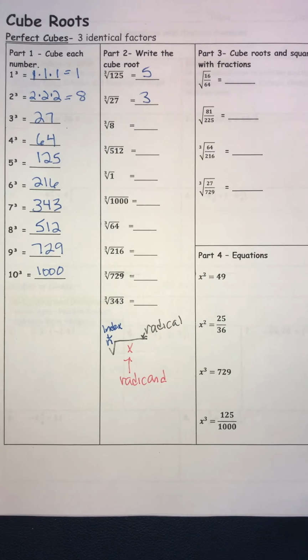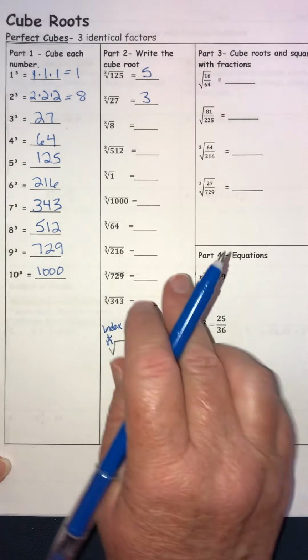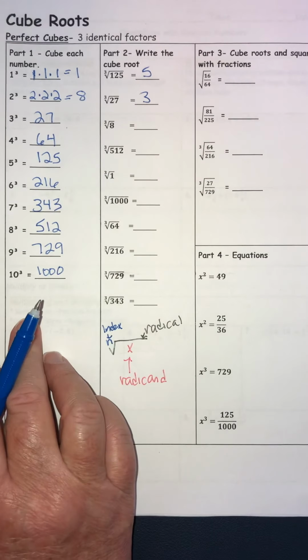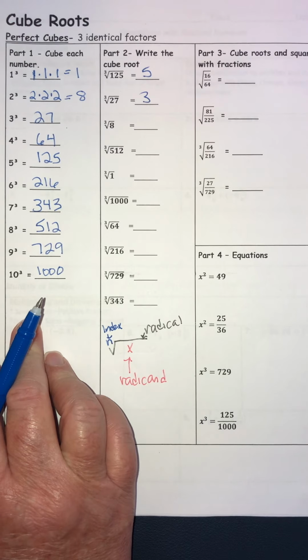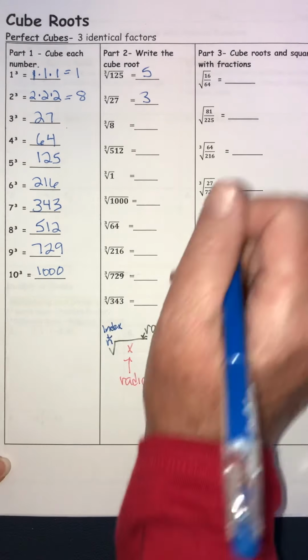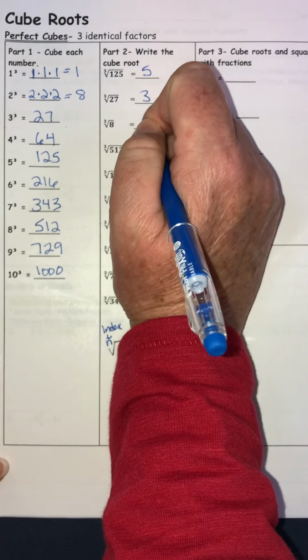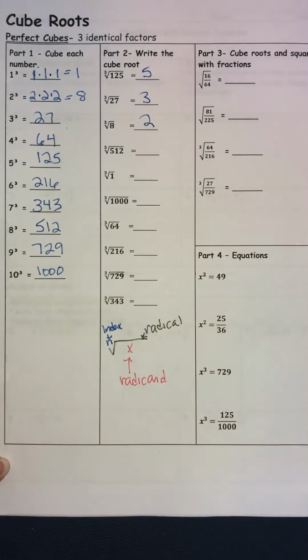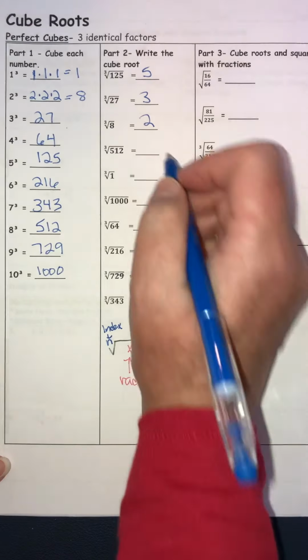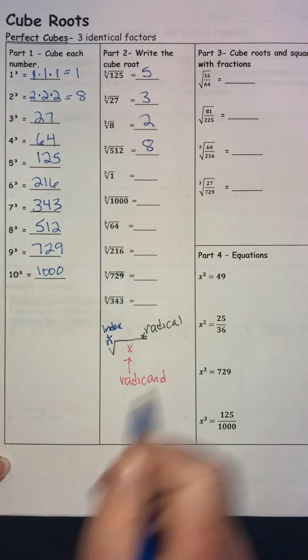Welcome back. So I'm sure a lot of you just looked over here to your part 1 so that you could plug in your answers. So the cube root of 8 is 2. Cube root of 512 is 8. Cube root of 1, that's an easy one.